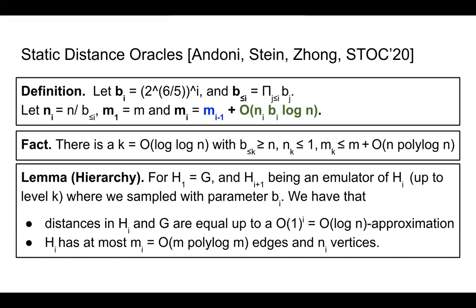But if you choose the b_i's like we do, then you can actually bound the number of ball edges to be very small, of order n polylog m. Good. So now we have this hierarchy that essentially says that at level K we have at most one vertex left, and at every level we have few edges. Good.